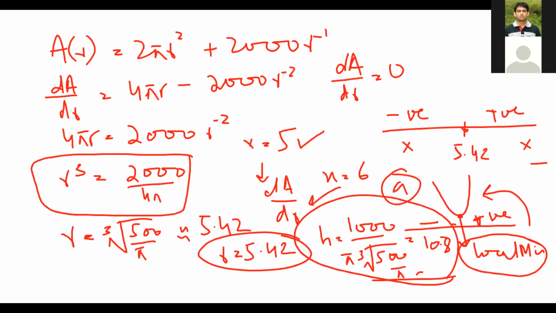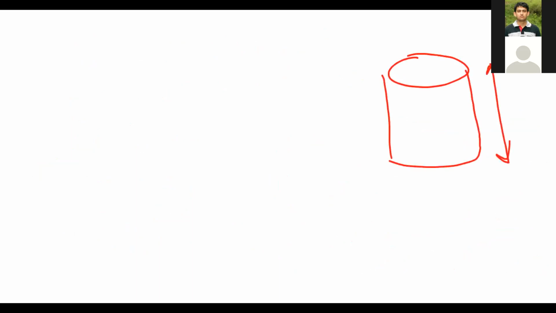In the end, we'll make a shape of the can like this, and we'll say that in order to have a can with these dimensions, we need the height as 10.8 and the radius as 5.42 centimeters.